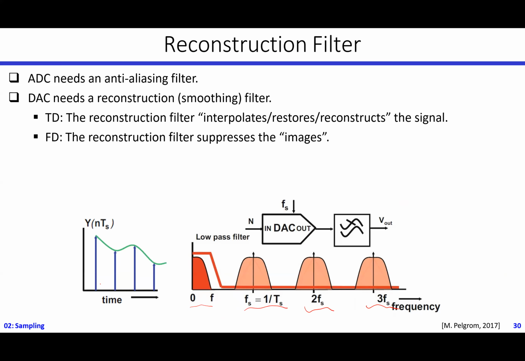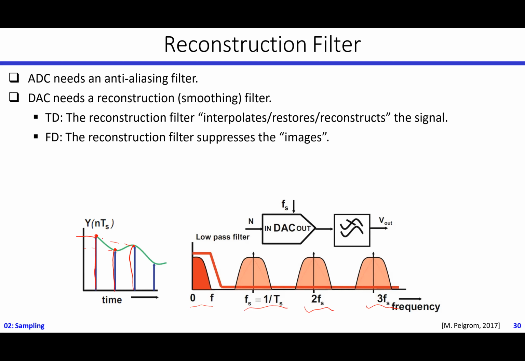In the time domain, my signal looks like this, with the digital codes that were here. But that is the ideal case. I don't have those impulses in the analog domain. They will have a certain width. It's not a realistic signal to have an impulse physically; there is no physical meaning for that.